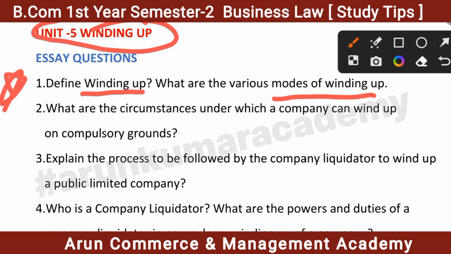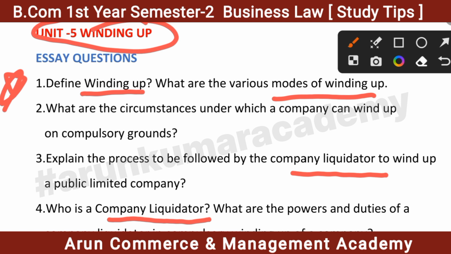So please focus much on this question, and we can focus on other questions also, like what are the various circumstances under which a company can be wound up on compulsory grounds, and we can focus on some topics related to the liquidator. So these are very, very important topics. Please focus on liquidator, company liquidator, or various modes of winding up of the company, right?